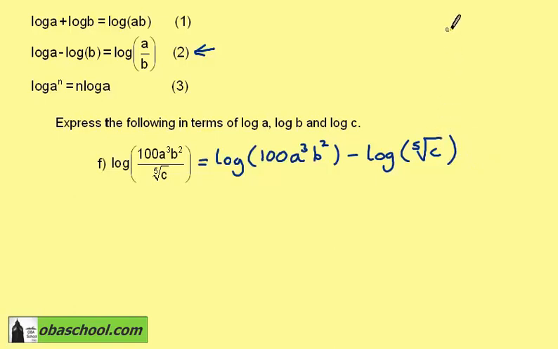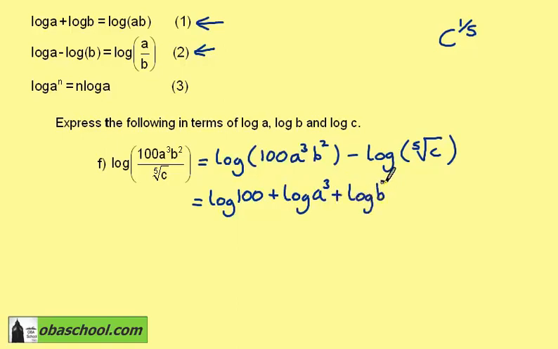The 5th root of c is c to the power 1/5. And we can split this in this form as log 100 plus log a cubed plus log b squared, and here we now have log c to the 1/5.